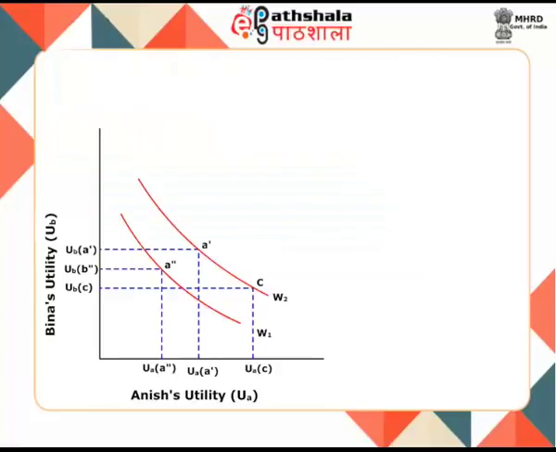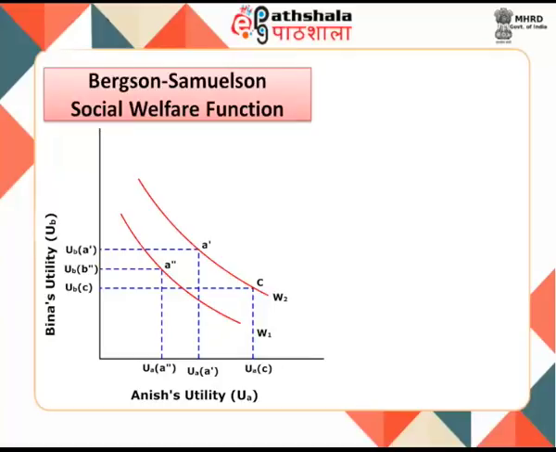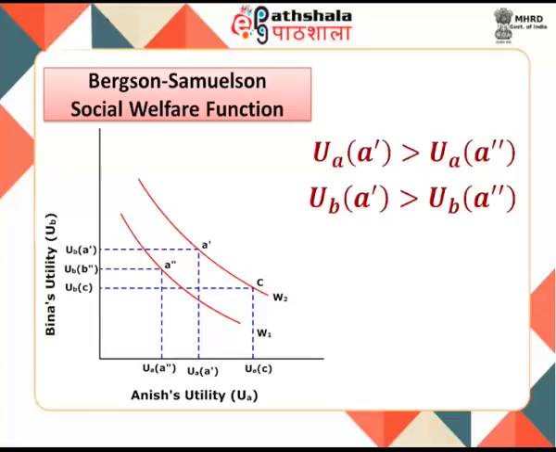Let's now understand how to move from individual utility to social welfare function. We draw the societal utility function, which is also known as Bergson-Samuelson social welfare function or the social welfare function. Each societal bundle, say A dash or A double dash, represents the consumption bundle of all the individuals.